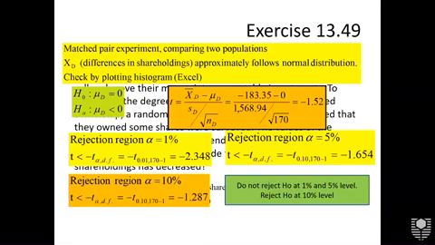Hypothesis. According to the question, can we conclude that the value of shareholdings, these shareholders who provide an opinion, is different between last year and the year before? Is there any difference?